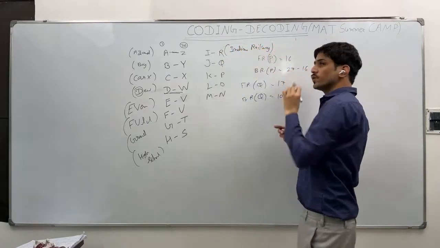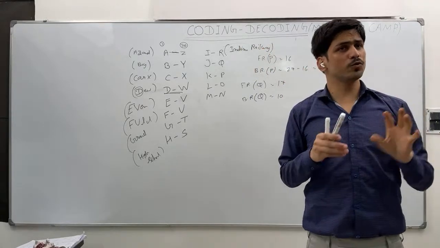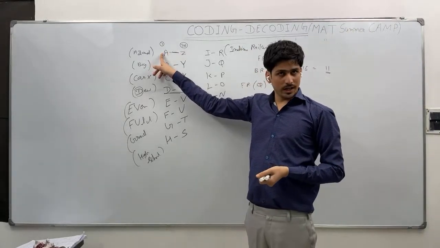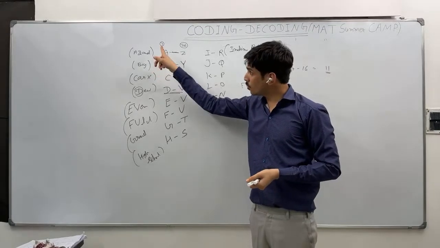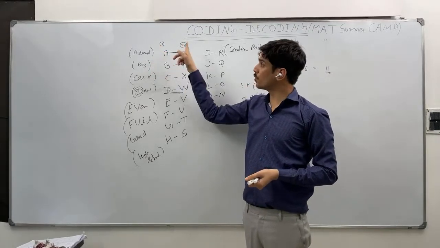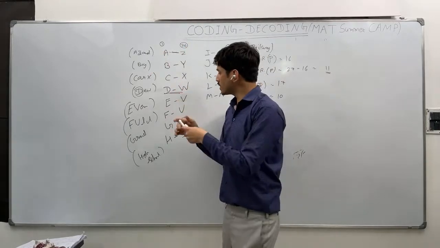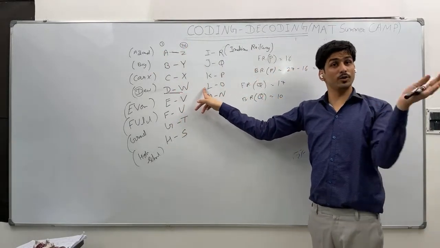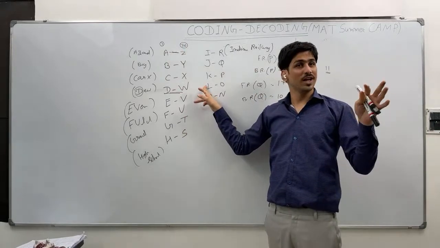And if you know this one, then you don't have to subtract to find the backward. If the forward rank of this one is A, then backward rank of A will be the forward rank of this one. Let's say if I ask you what is the forward rank of L? L is 12. That means forward rank of L is 12.